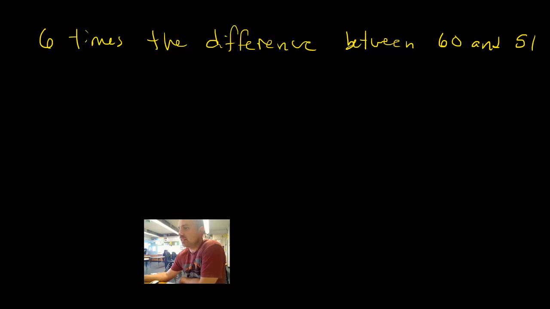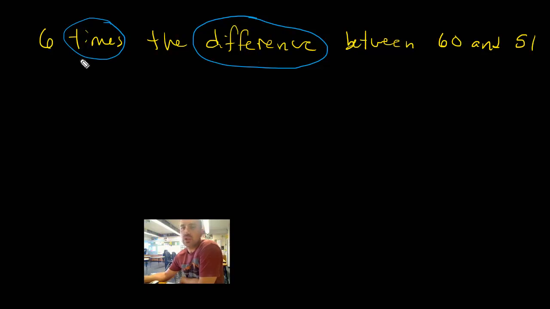Now, when I look at this, there's a couple of words that I'm noticing, and I want you to also notice them, and I want you to be careful when you're doing the reading on something like this. I see difference, and I see times, and both of these are two different processes. Difference is definitely going to be subtraction, whereas times is going to be multiplication.